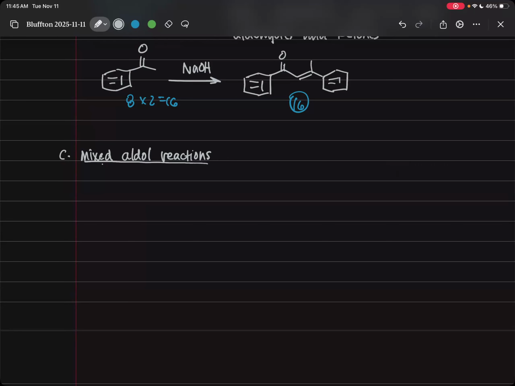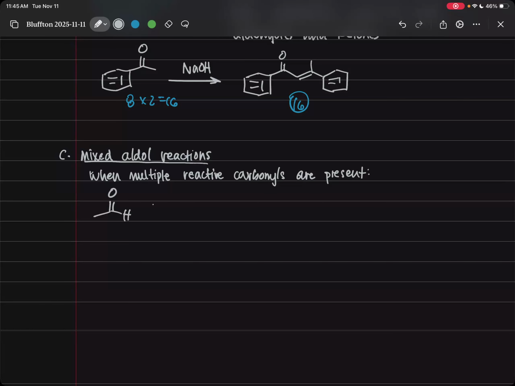So if you've got several different molecules that can react in an aldol reaction, or even not a lot of them, just like two different ones.